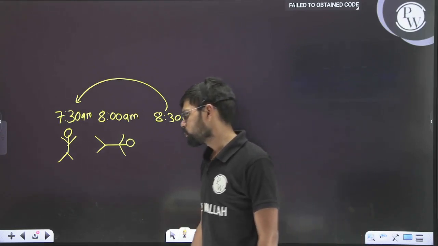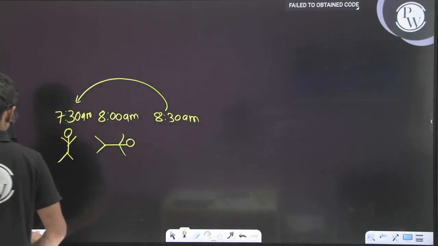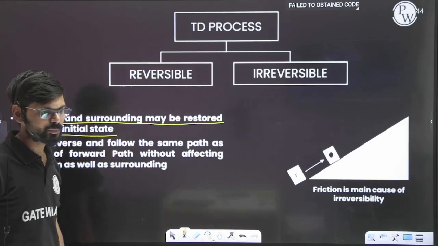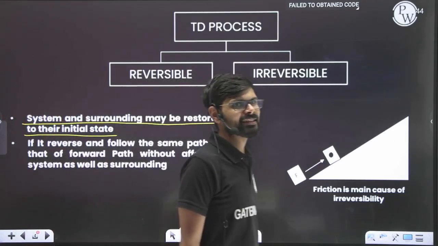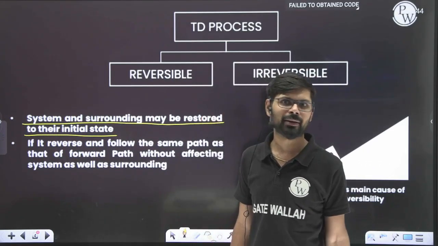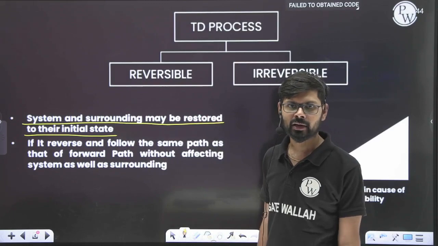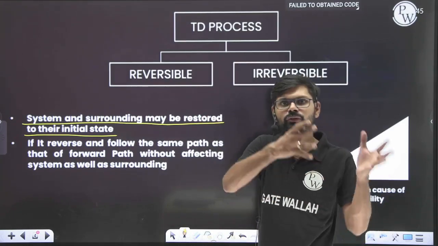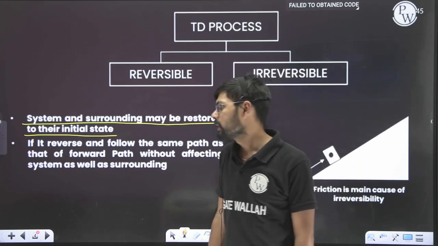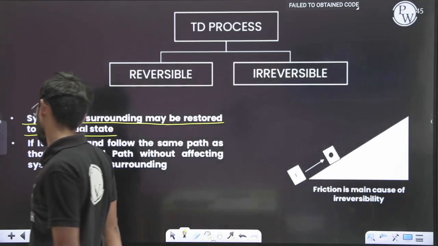So you can understand this point: a process is said to be reversible if, when reversed, the previous condition of the system as well as the surrounding can be restored. Or we can say the complete universe is reaching its previous condition. Okay, so that is basically what a reversible process is.